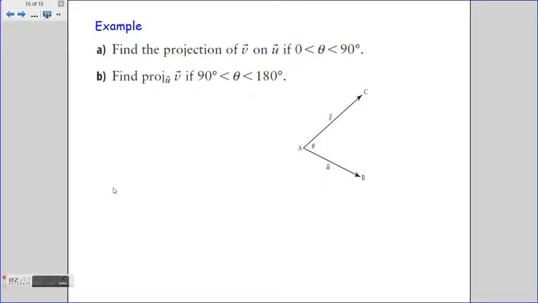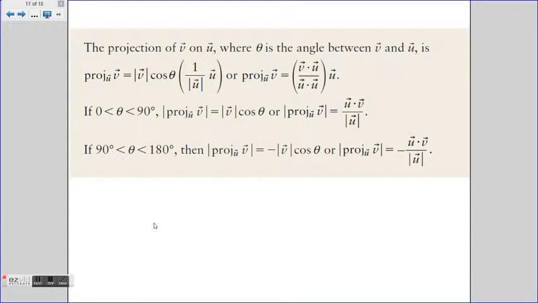If we were to go on to b, what we would find if the angle between U and V were between 90 and 180 is that we would get the exact same equation, only we would get the direction vector to be in the opposite direction of U, so it would be negative direction. So the moral of the story, and here they are, here's all of your equations for projection.